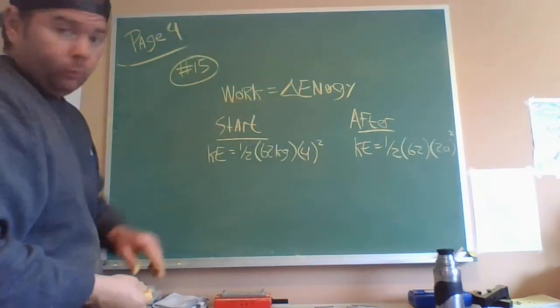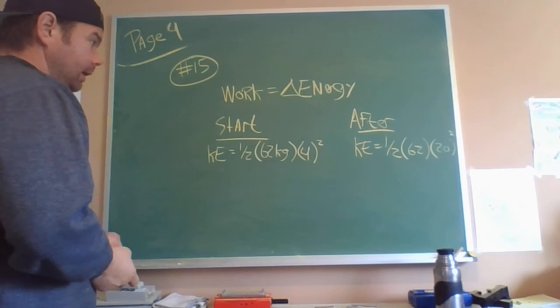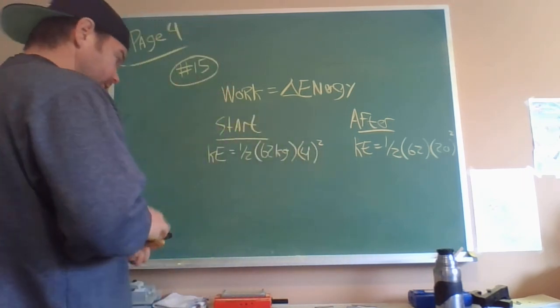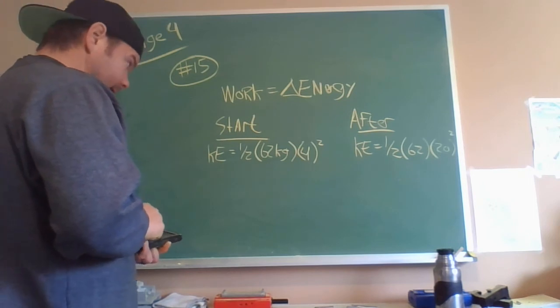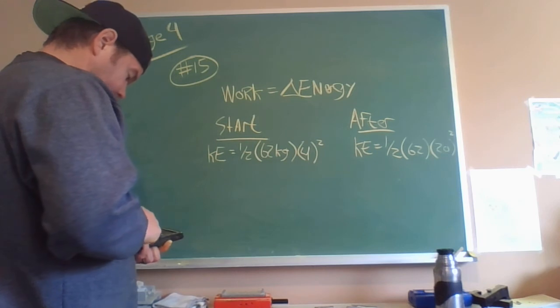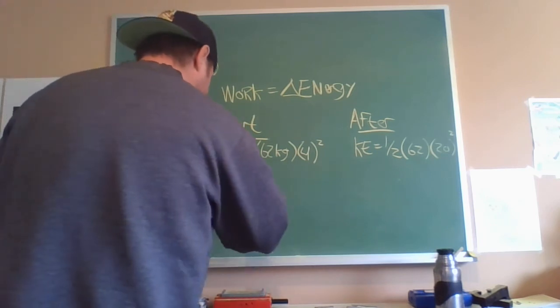So to figure out the amount of work that it took to speed up, I just need to figure out the difference between these two numbers. So let's do that. 1/2 times 62 times 16 is 496 joules.